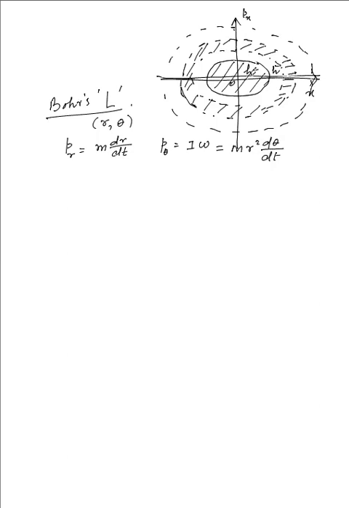And these are constants, right? Because the moment of inertia for a given radius is constant, the mass is constant, and the rate at which the electron rotates around the nucleus is also constant. So p_r obviously goes to 0 in this case, because r is constant, so that cannot be considered. So we'll be using this p theta instead.